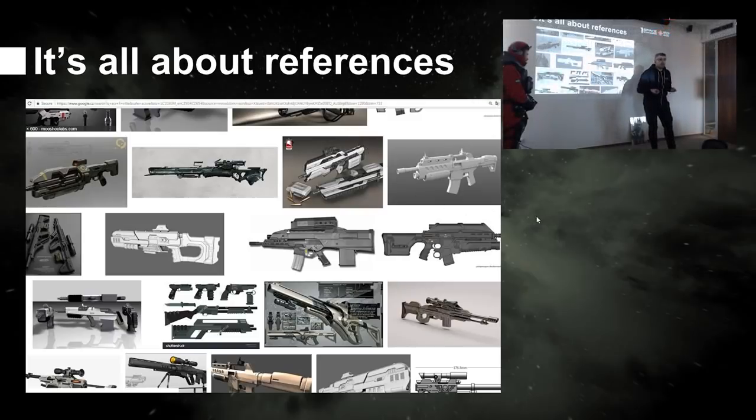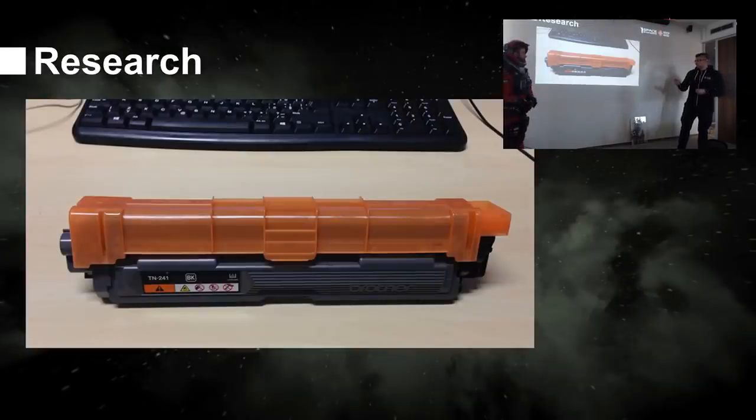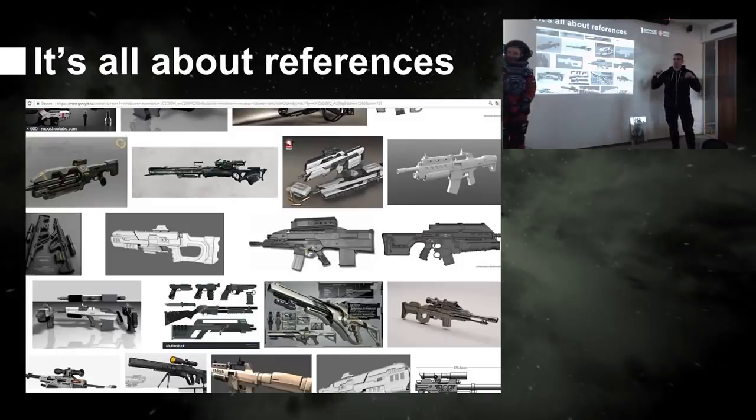You can be inspired by other games, but if you want to make something really cool and realistic, you have to consider taking as a reference something from the real world. Now we'll be talking about weapons, because I'm going to talk about our automatic rifle, how it was done. We just start searching the internet, Google it, and see how real things work.